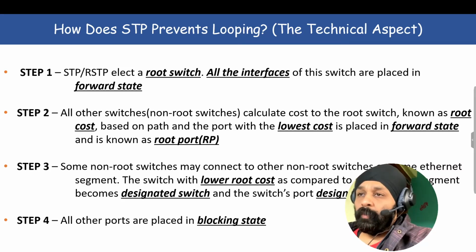Next, some non-root switches are going to be connected to other non-root switches, and whichever switch will have the lower root cost on that segment will become the designated switch, and its port is going to become the designated port. Whatever ports are left after that are just going to be put into blocking state. This way, the loop in the network will be avoided.